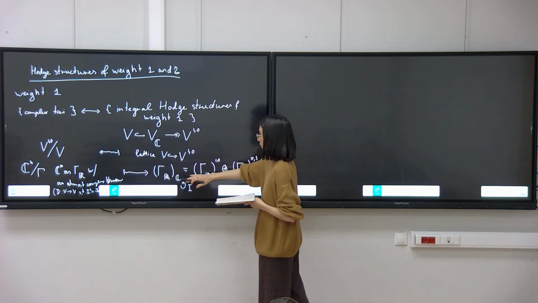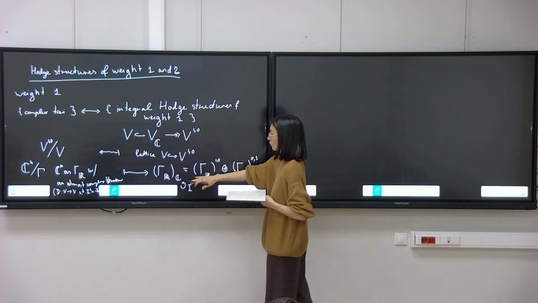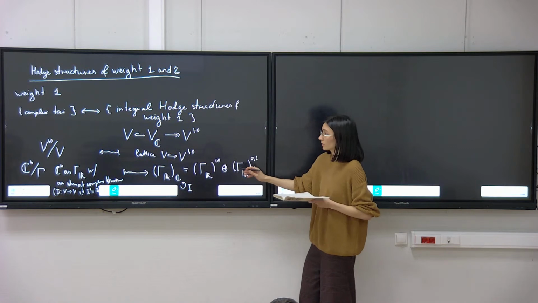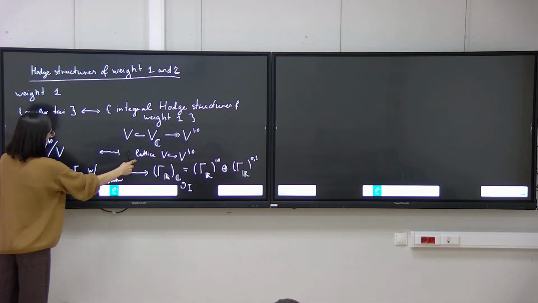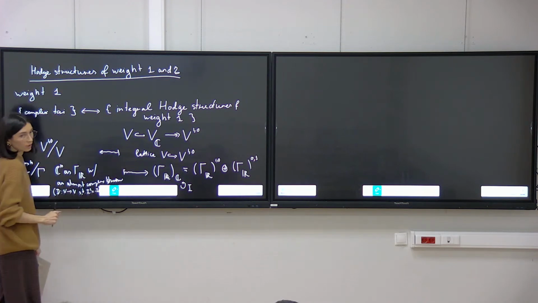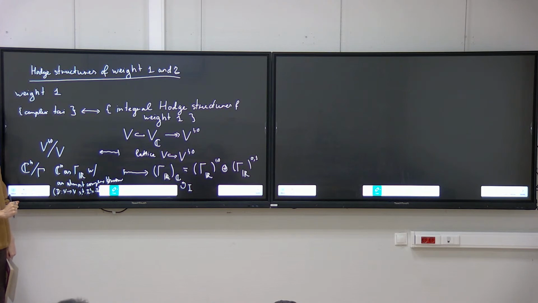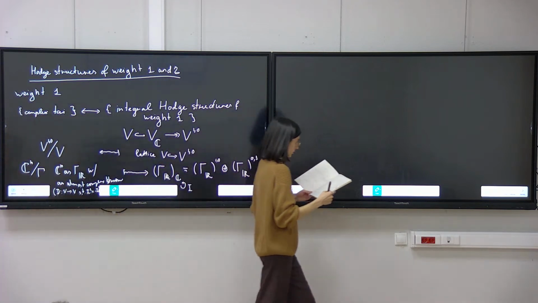In such a way, we obtain an integral Hodge structure of weight 1. It's easy to see that these two correspondences are inverse to each other. So there is a bijection between these two.